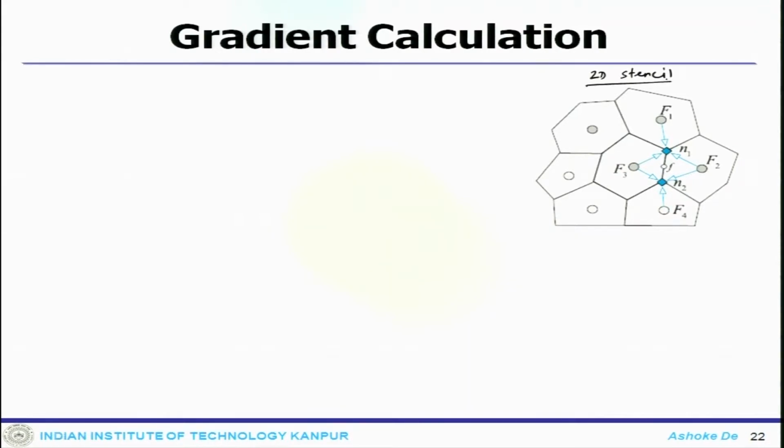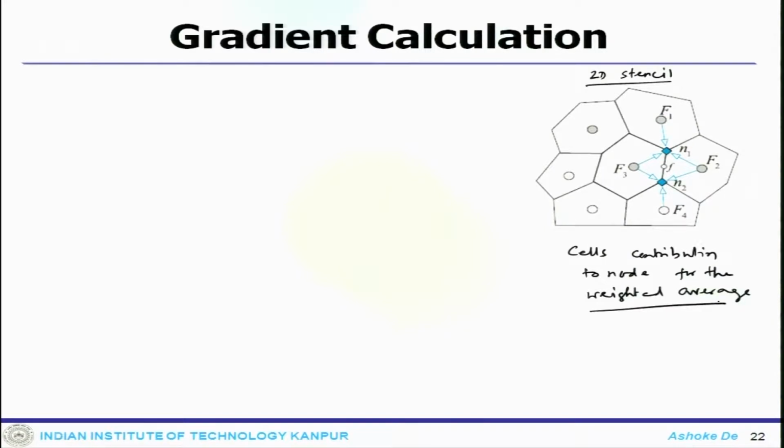Now, why do we call it extended? Because F1, F2, F3, F4, these are all connected. So you can see the cells contributing to a particular node for the weighted average.